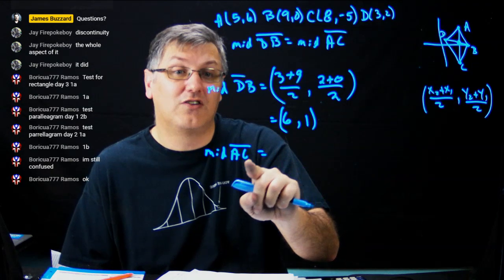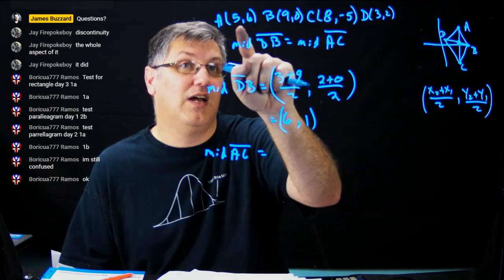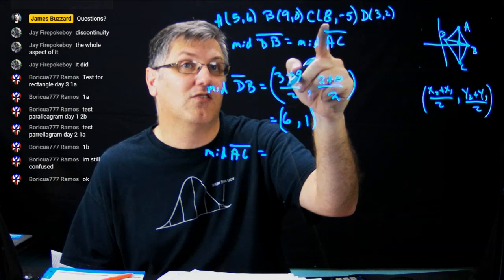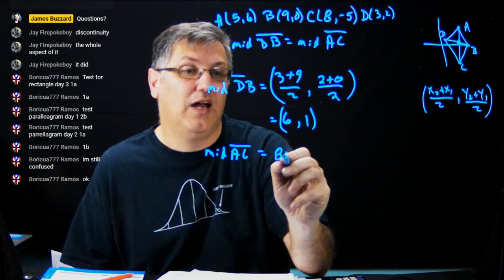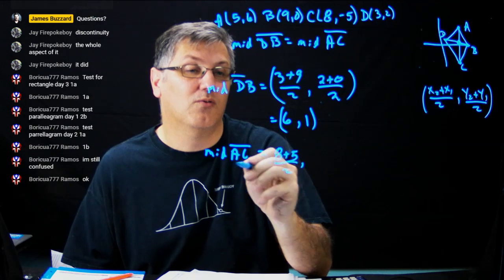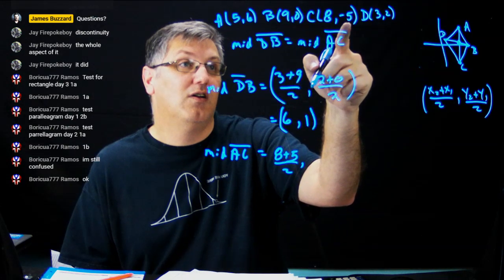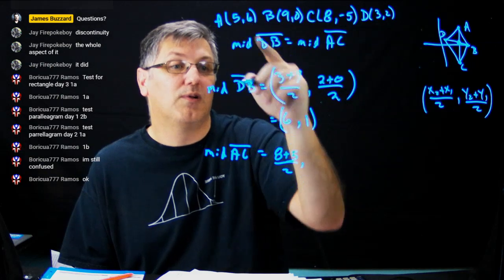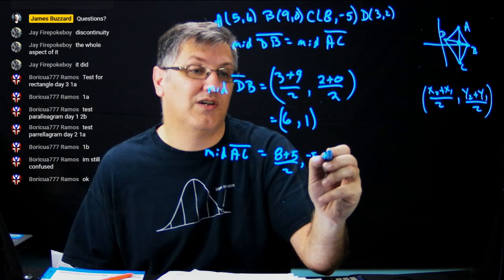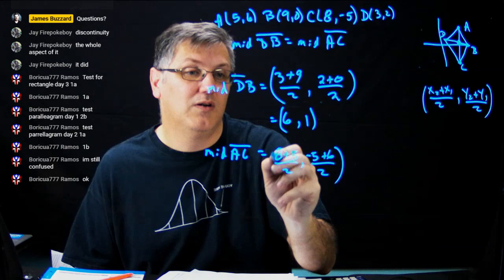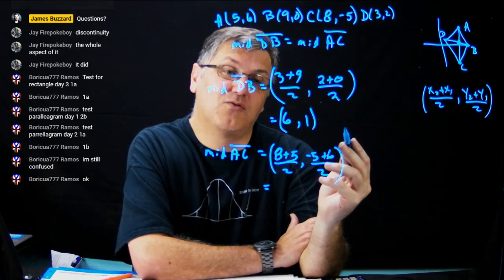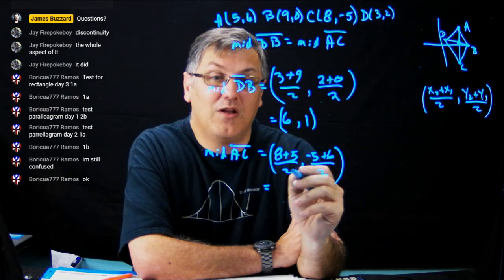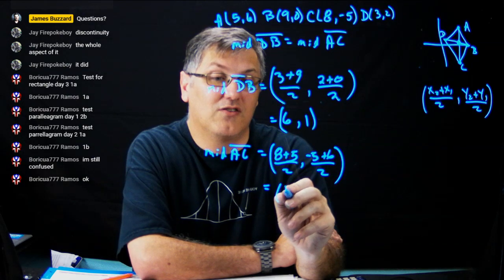So let's check AC. Average of my x's: 8 plus 5 divided by 2, and negative 5 plus 6 divided by 2. 8 plus 5 is 13, and 13 over 2 doesn't simplify.